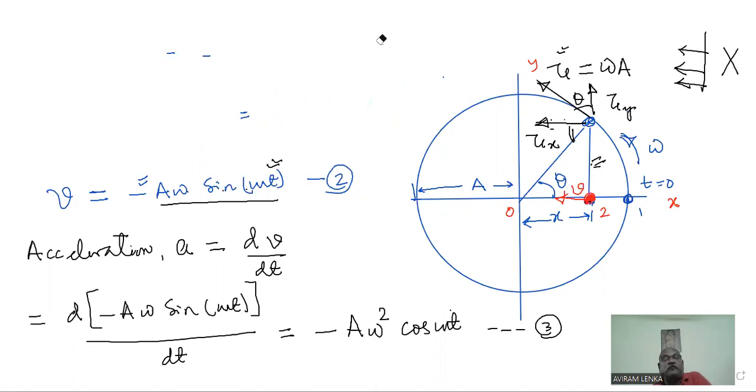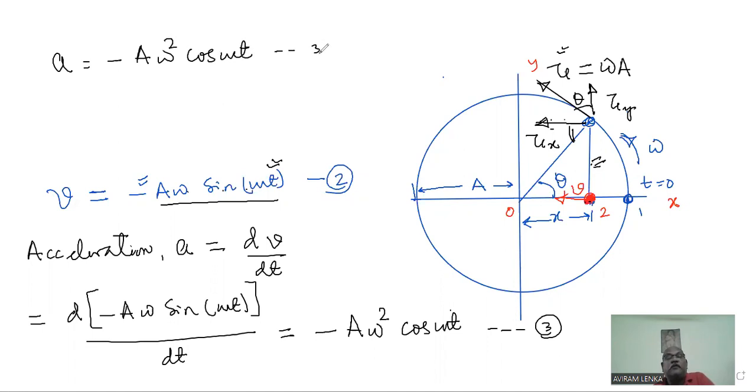Acceleration, as it comes out, is minus a omega square into cos omega t. That is equation number 3. But already you know the position, or the x coordinate, equals a cos omega t.